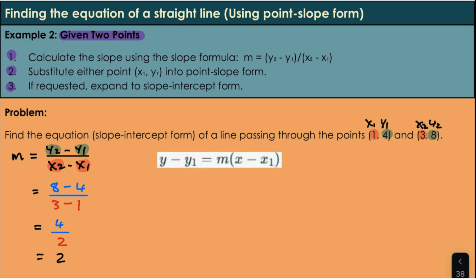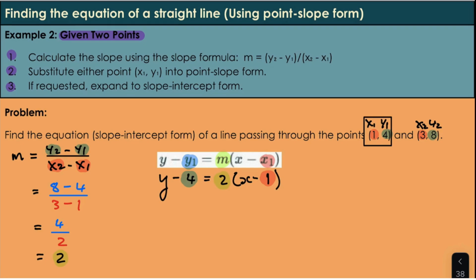Now that we have our slope value, we move on to step 2. Substitute either point into point-slope form. In this example, I will work with this point. My x1 will go here, and my y1 will go here. Let's substitute. My y1 was 4. My m value is 2. My x minus my x1, which is 1.